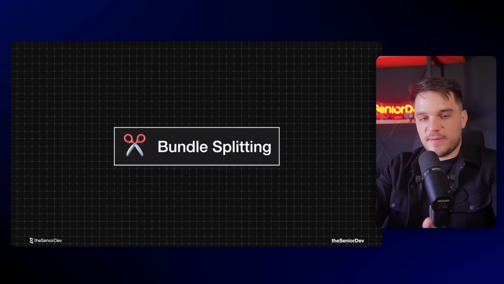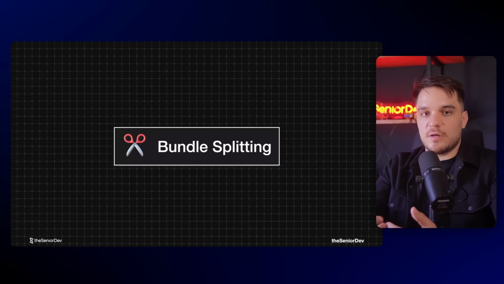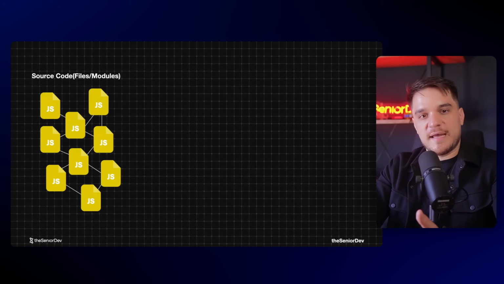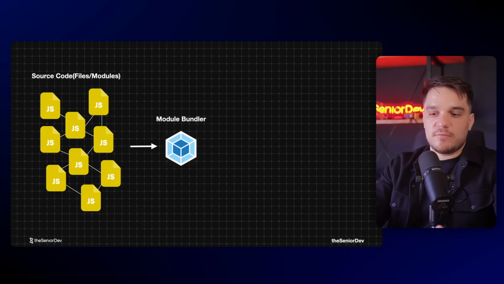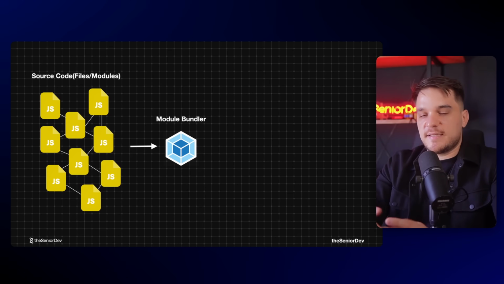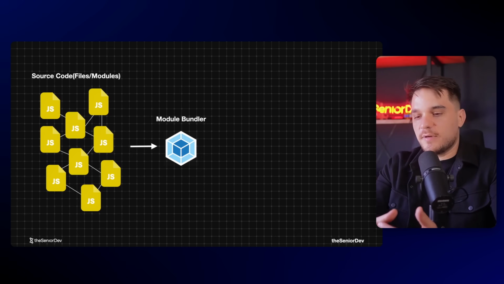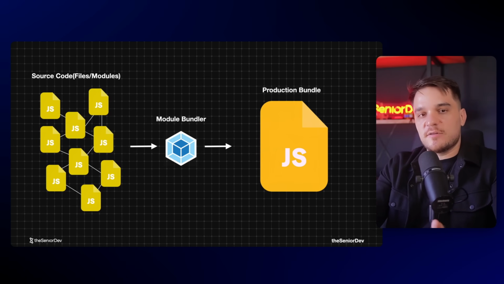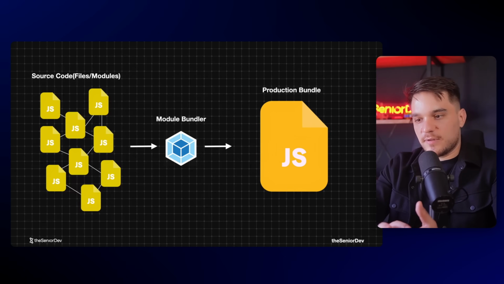Bundle splitting is basically lazy loading applied to our JavaScript bundle. Traditionally, we would have a lot of source code in different files or modules, and all that would go into our module bundler. In this case, I chose Webpack, but it could be Vite or any other module bundler. Basically, this module bundler would put it all together in a single production file.